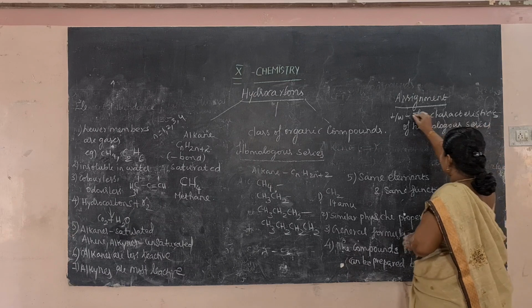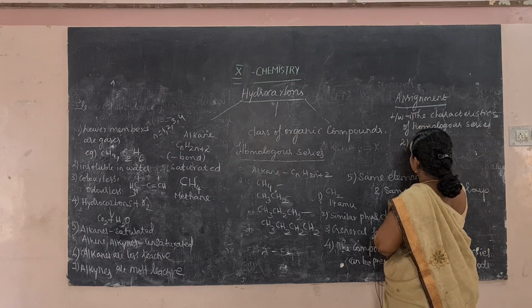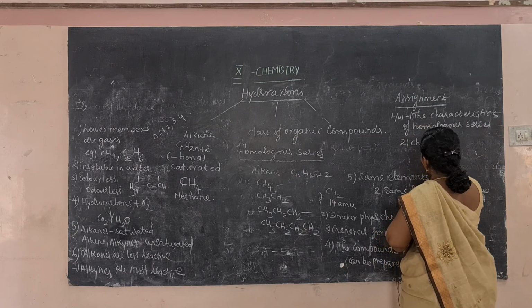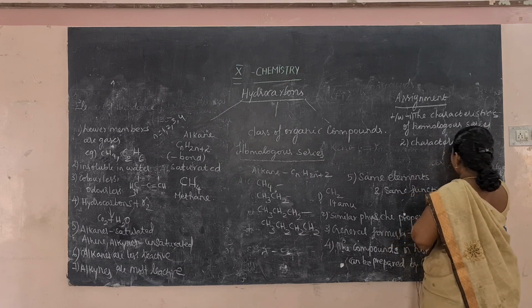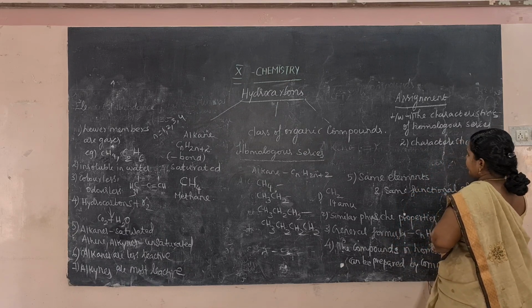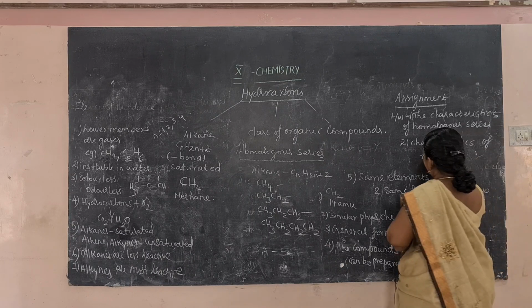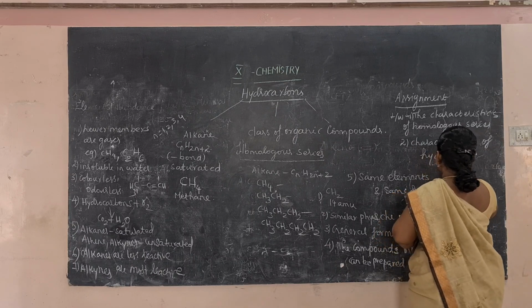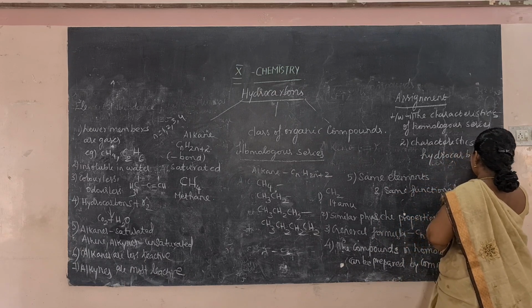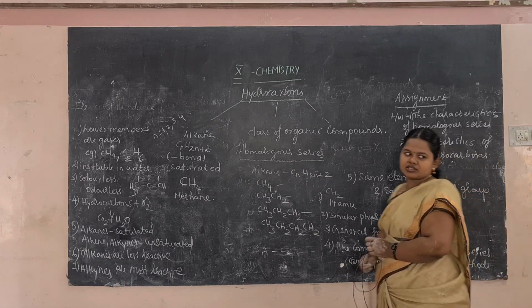And the next question is to write the characteristics of hydrocarbons. Okay, write 5 points. Learn and write the characteristics of homologous series and the characteristics of hydrocarbons.